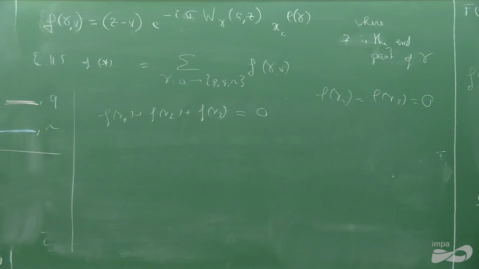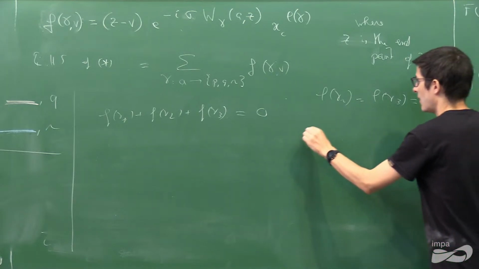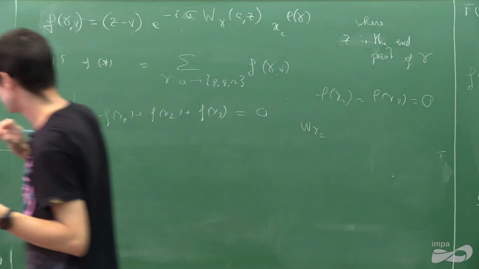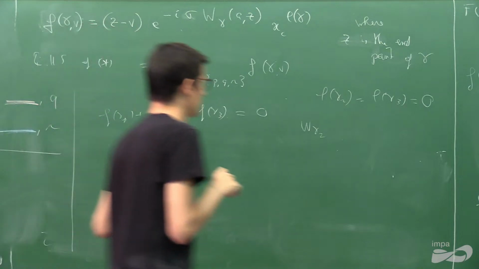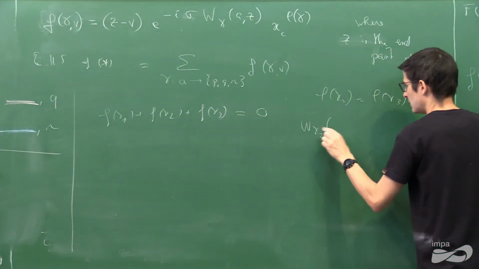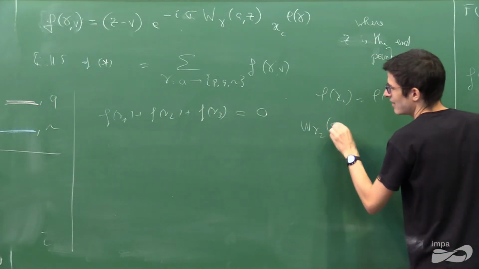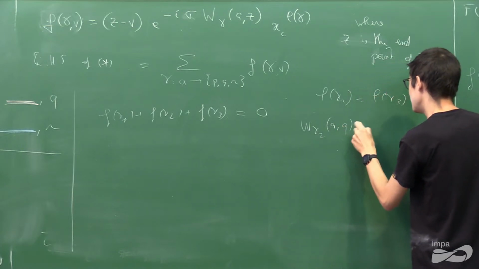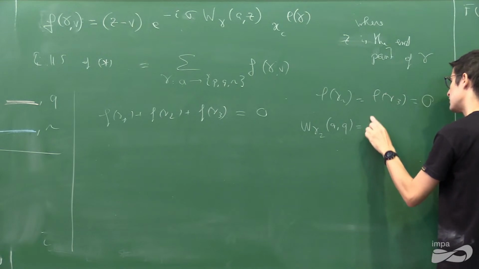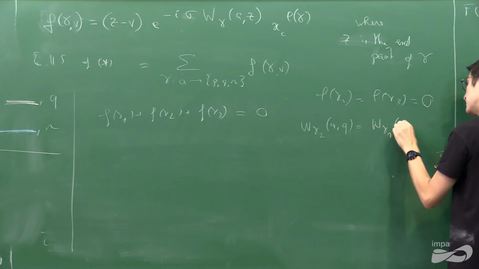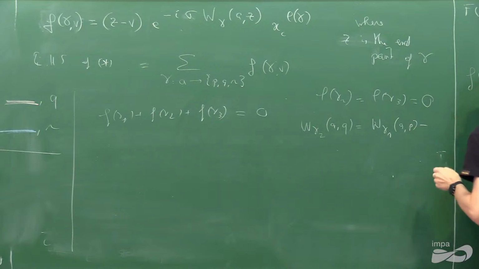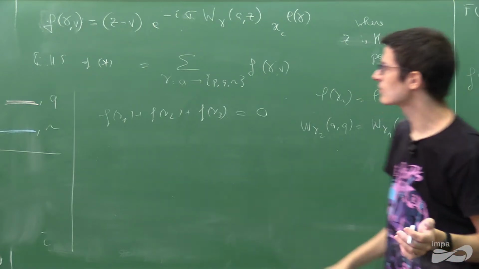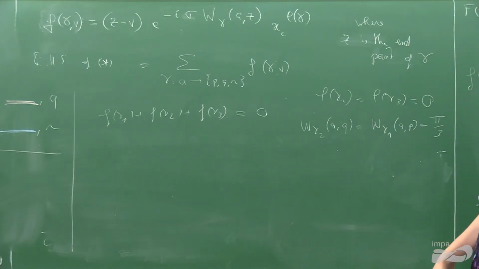And now the winding number of gamma 2 between A and Q is equal to the winding number of gamma 1 between A and P minus pi over 3. Correct me if I'm wrong. This is fine.